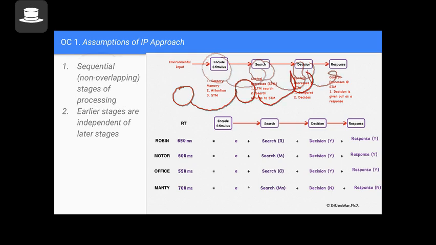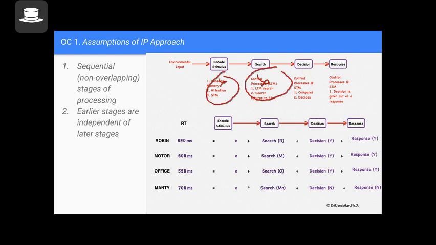So it's not parallel. Parallel is multiple processes happening at the same time. Sequential is one after another. In other words, there are no overlapping stages of processing. This process and this process don't overlap. That's one assumption.